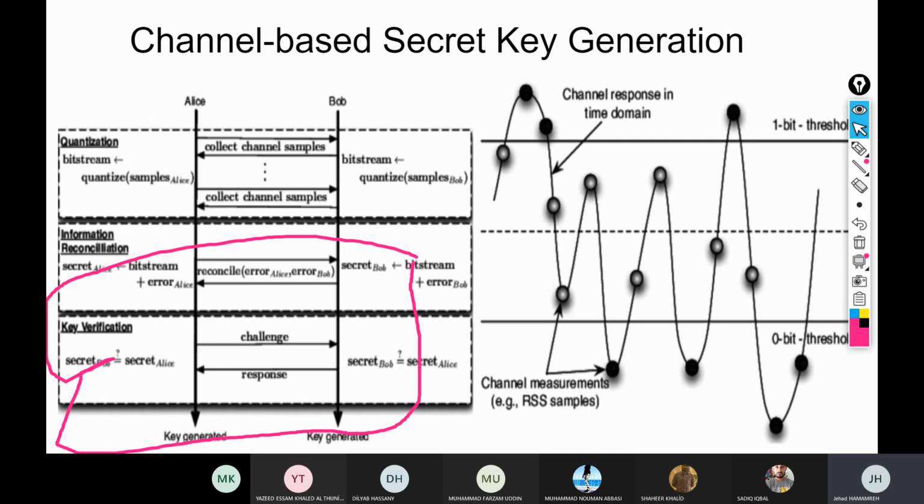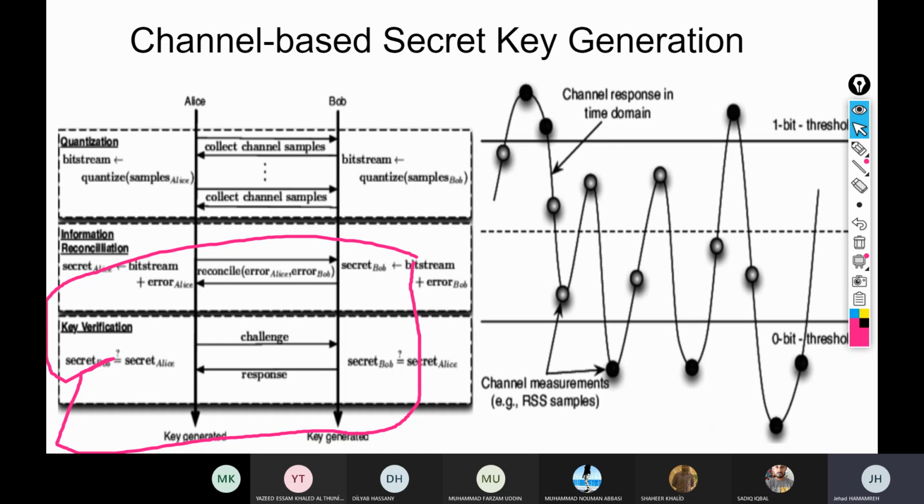And if you have multiple antennas, you end up having channel response for all these antennas. Let's say you have massive MIMO and you have 100 antennas, then you will have 100 different channel measurements in the space domain. You can exploit these as well to extract randomness. So you can apply this to time, to frequency, to space. This is what I mean by this method can be applied to any domain.